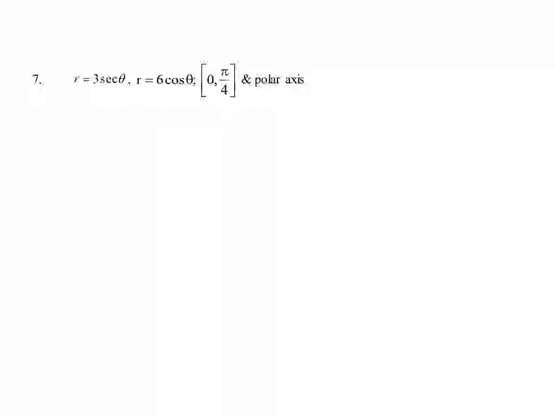So the pi over 4 won't be on the x-axis. I'm talking about when we actually draw it. Which I'm going to sketch out in a second. 0 to pi over 4, and that's it. Nothing beyond it. Graphically, we'll take a look in a second, and you'll see it's pretty nice.